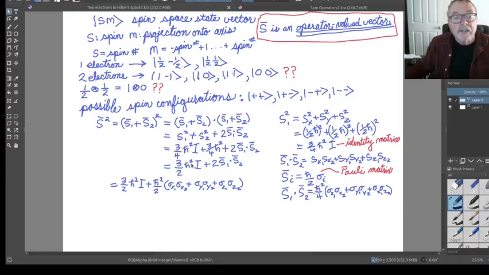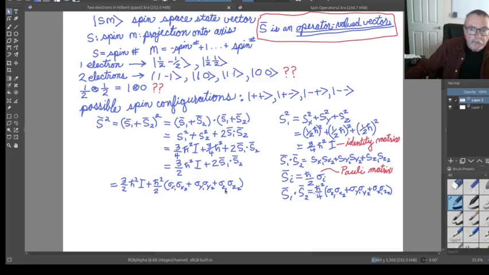So that gives you h bar squared I. And then if you add these two things together, you pull all this stuff down here. If you take the dot product of both of these, then that's going to give you, multiply it times 2, that gives you h bar squared over 2, and then you've got those matrices multiplied together.